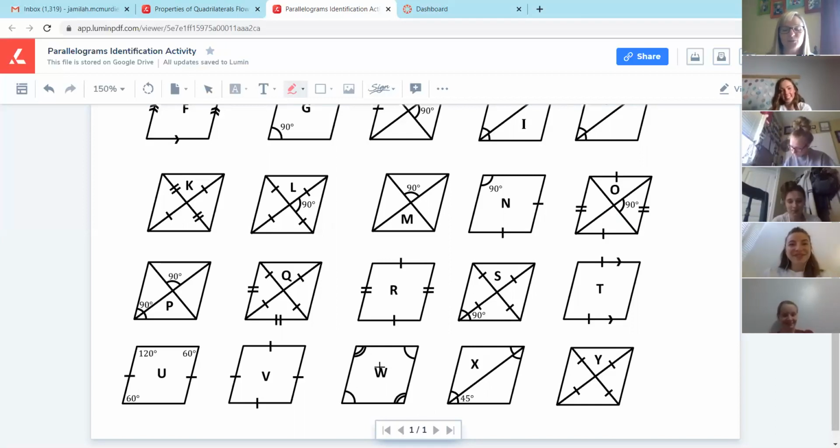Okay, sorry, W. Okay, what is W? What are these little guys telling us? Somebody unmute. Opposite angles are congruent. Okay, and same here, right?